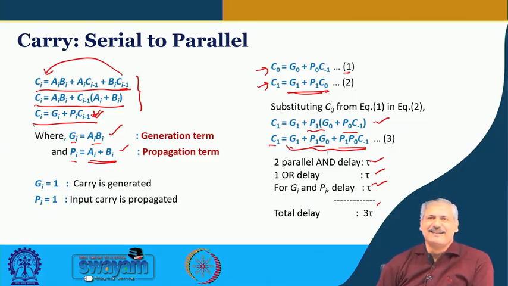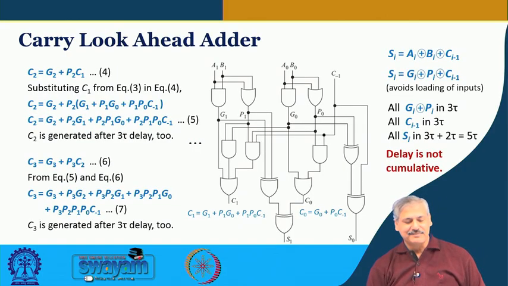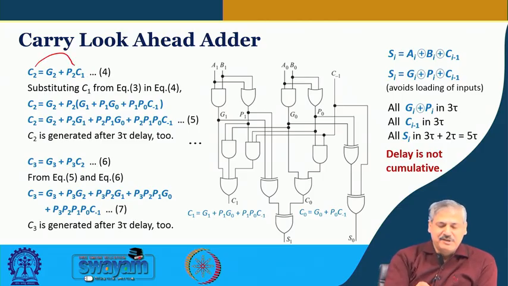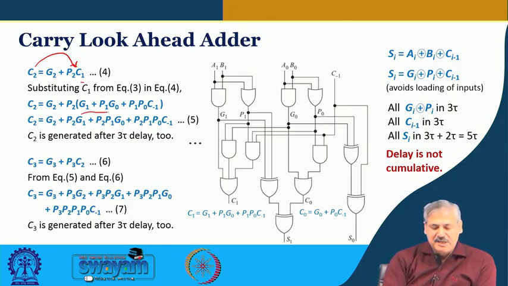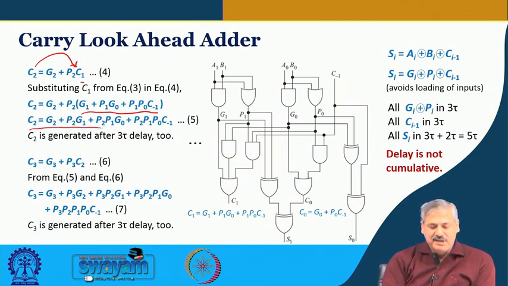Whether this benefit is there for larger numbers of bits, so 3 bit, 4 bit, let us see in the next slide. For that we investigate the basic equation of C 2. C 2 is G 2 plus P 2 C 1, the recursive equation. C 1 we substitute from the previous equation as G 1 plus P 1 G naught plus P 1 P naught C minus 1. Then we expand it.